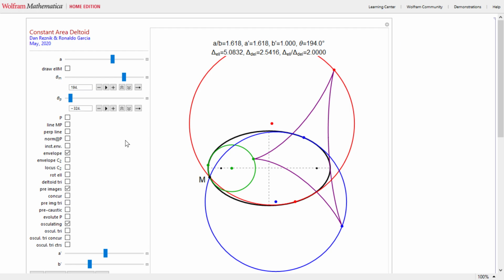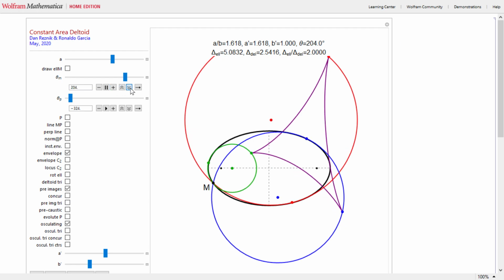The first phenomenon that you notice is that the 3 cusps touch each one of the osculating circles, or their circumferences, at a single point. And this happens dynamically for any position of M. The other really interesting phenomenon here is that these 3 osculating circles concur or meet at M. Let's animate M and you're going to see the phenomenon.